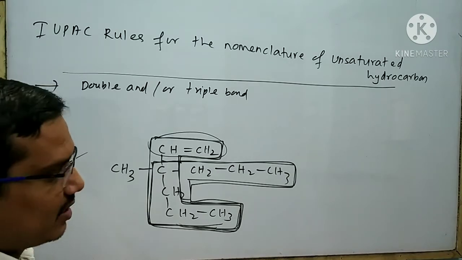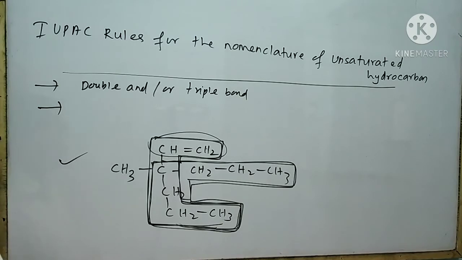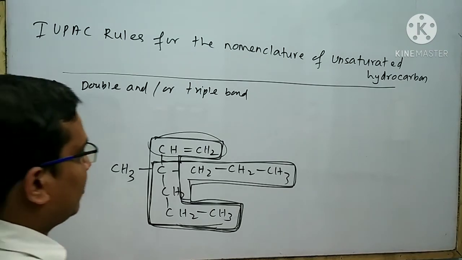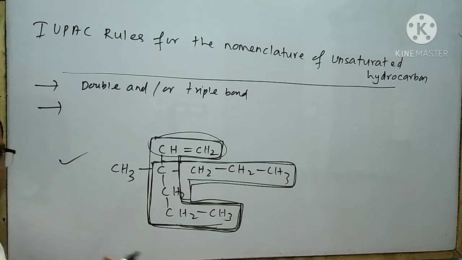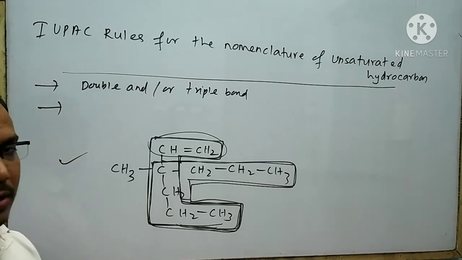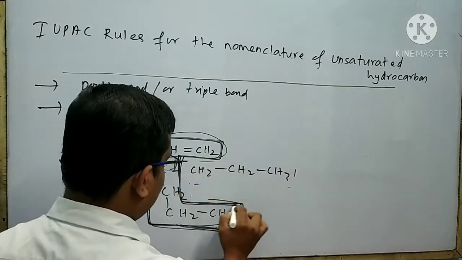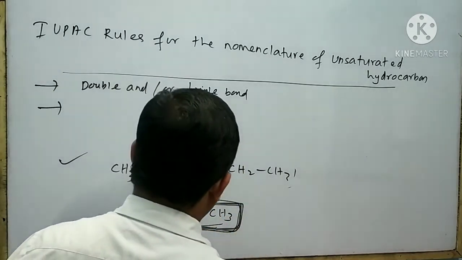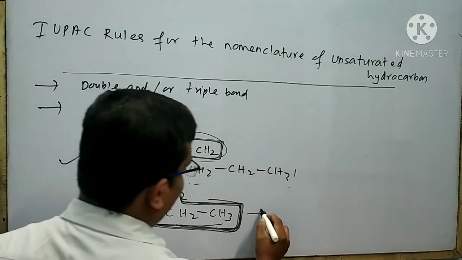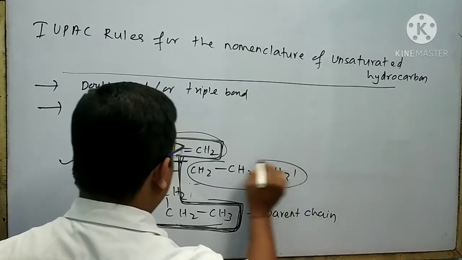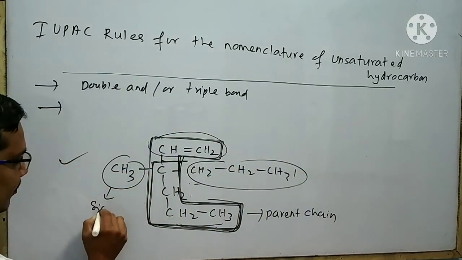It is bound to select such a carbon chain which contains the double bonded or triple bonded carbon atom, although the carbon chain is smaller than another chain which does not contain it. So according to this rule, this is the long chain for this organic compound and this is said to be the parent chain, and these are said to be the side chains.